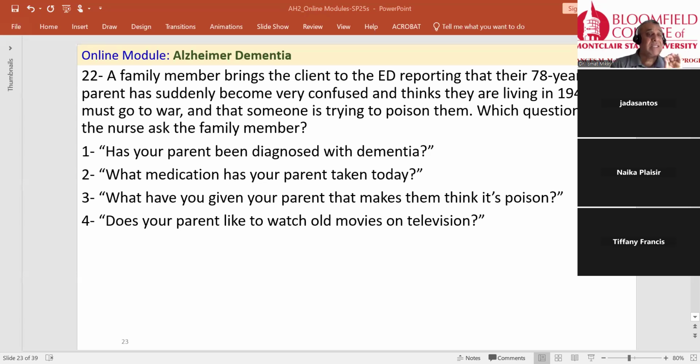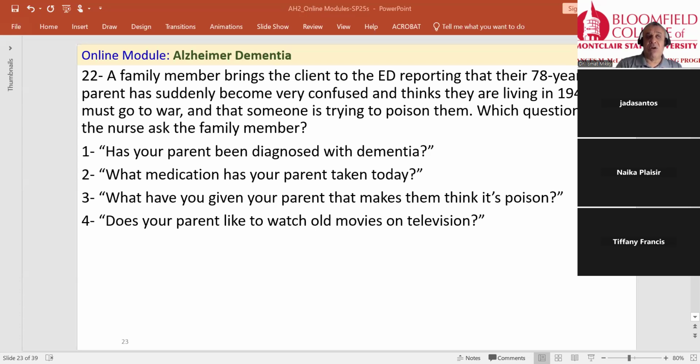And usually delirium is reversible, as long as we identify the contributing factor. It can be reversed once we stop and control the underlying cause.